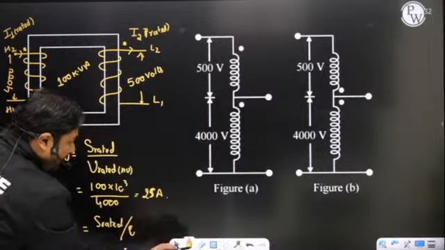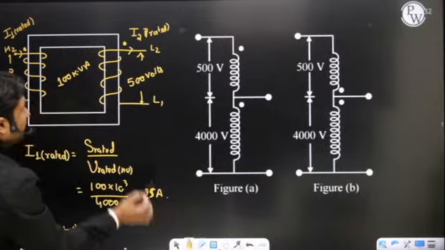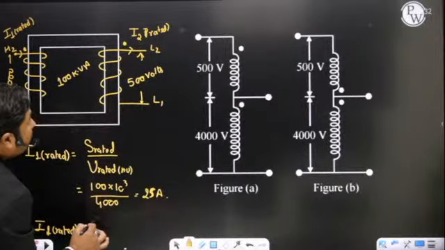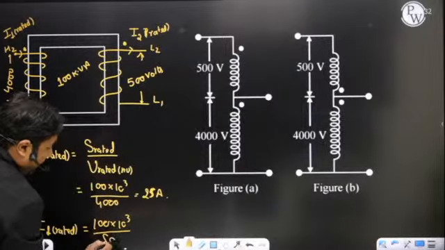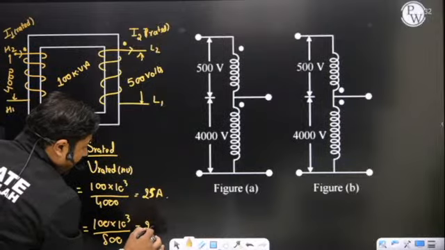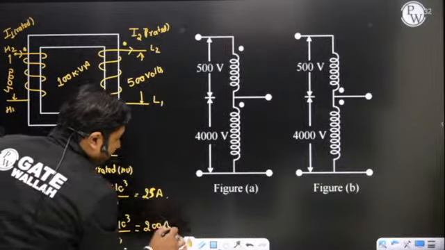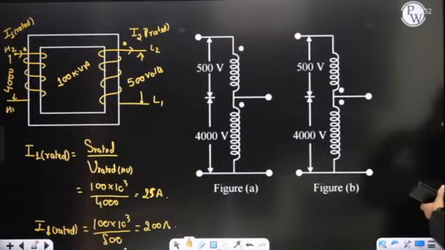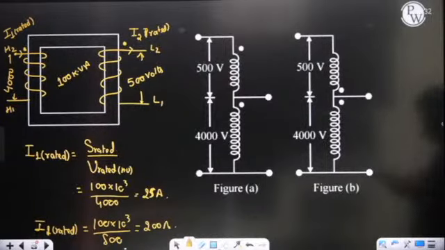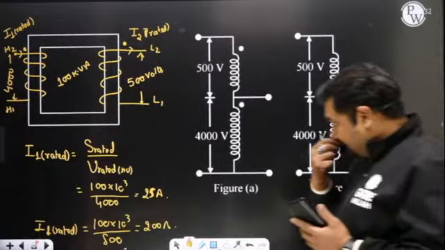The rated voltage on the secondary side is 500 volt, so 100 into 10 to the power 3 by 500. How much? This will be 200 ampere. Is it okay? Hoping up to this part everything is clear.